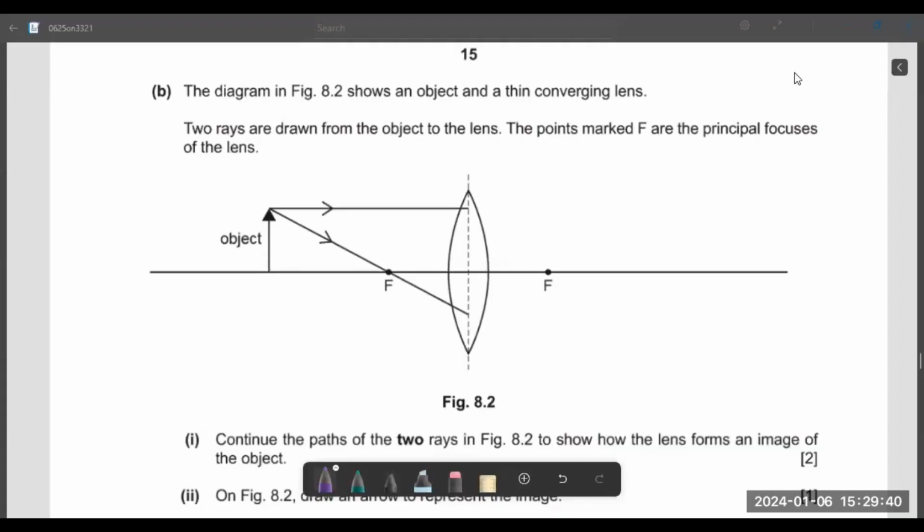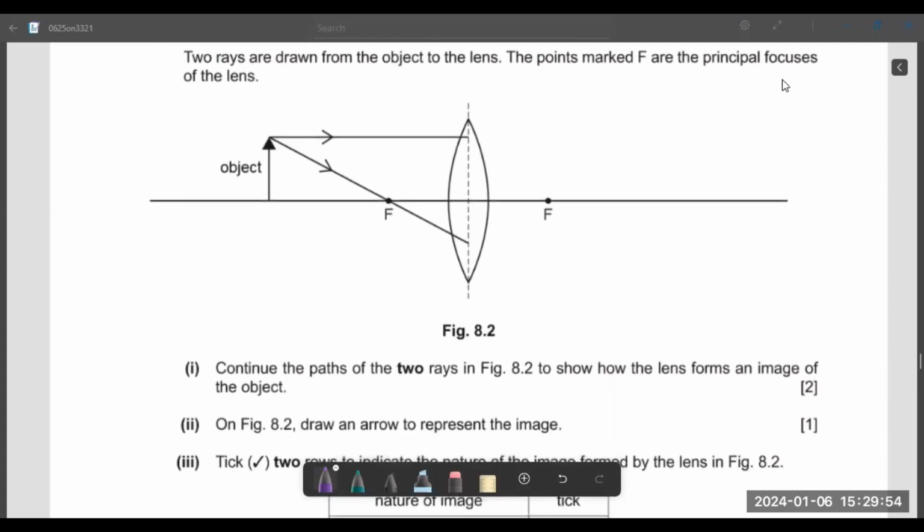The diagram in figure 8.2 shows an object and a thin converging lens. The two rays are drawn from the object to the lens. The points marked F are the principal focuses. Continue the path of the two rays in the figure. So we will continue this path.